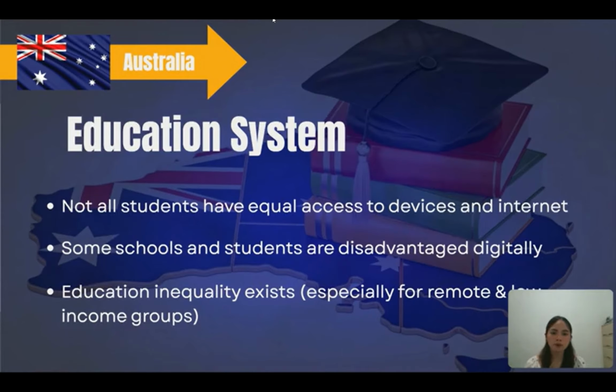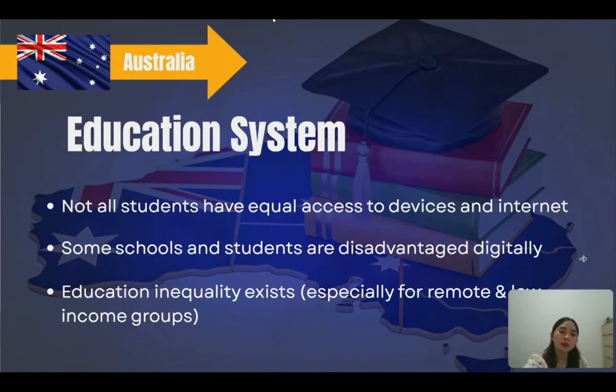This forces us to ask, is education truly the great equalizer? If the tools to access it are unequal, right? So even in a land of opportunity, digital poverty is still holding the bright minds back.